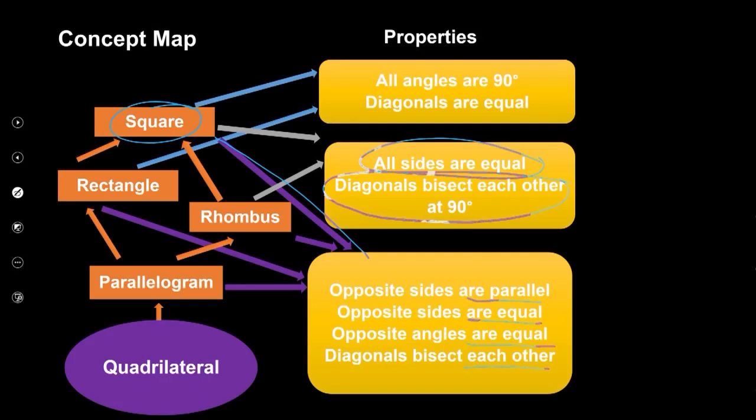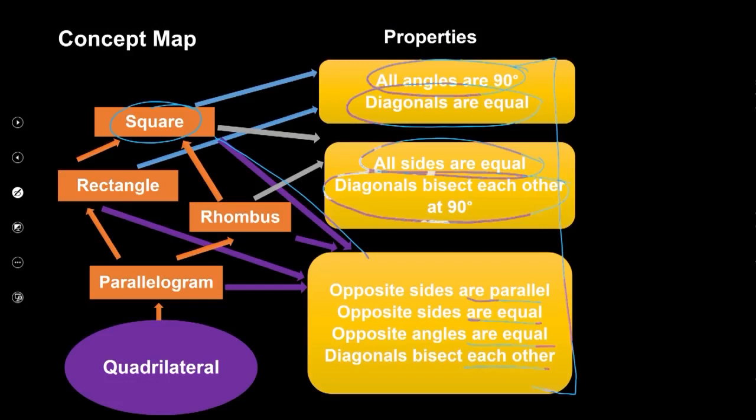Lastly, I also know that these angles that are equal, they are also 90 degrees. Also, the diagonals are also equal. So, hey, this means a square is now overlapping in all the properties that we have here.